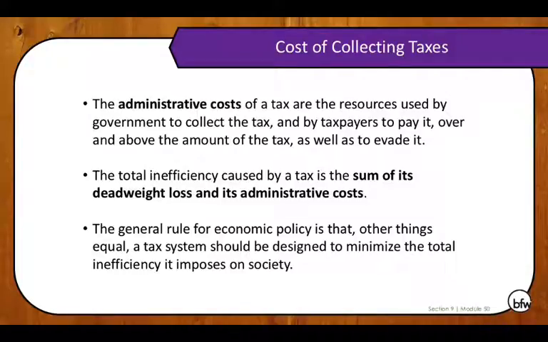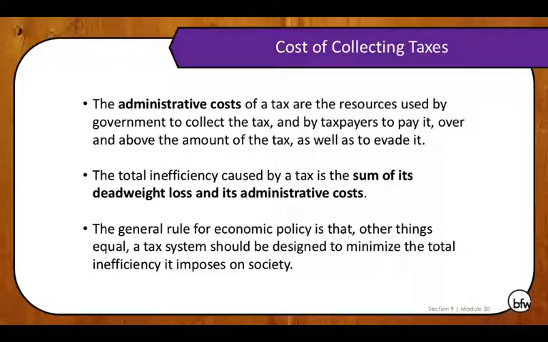And it costs taxpayers something to pay it, right? You may have to pay an accountant or a tax lawyer to do your taxes, or you spend time doing your taxes over and above the amount of the tax. Some people try to evade the tax and not pay the tax at all. So there are costs involved to society in actually collecting a tax.